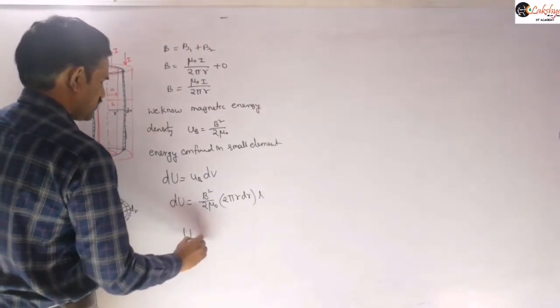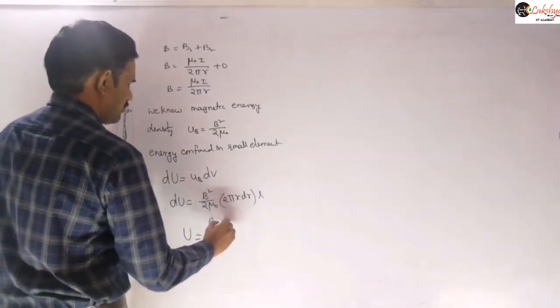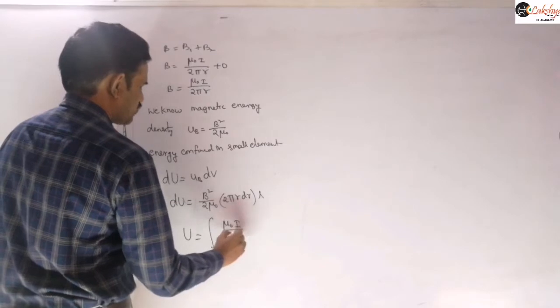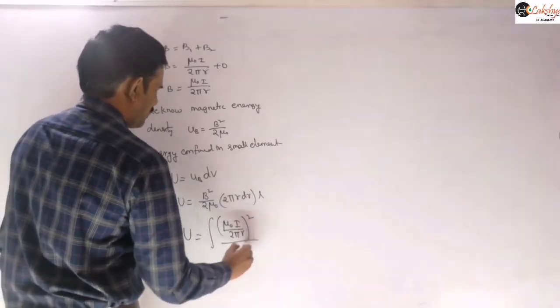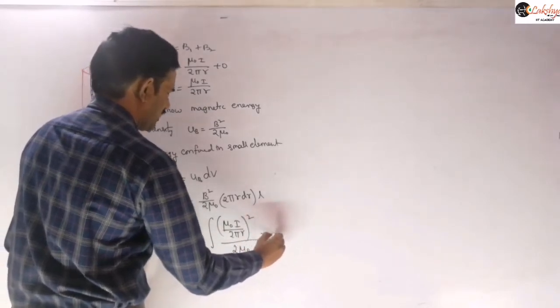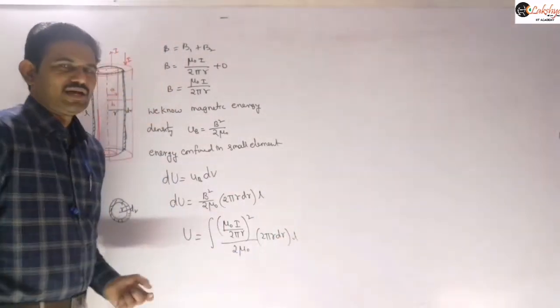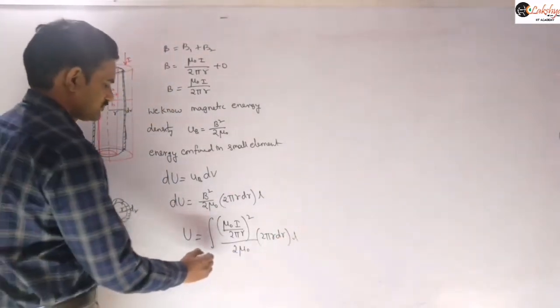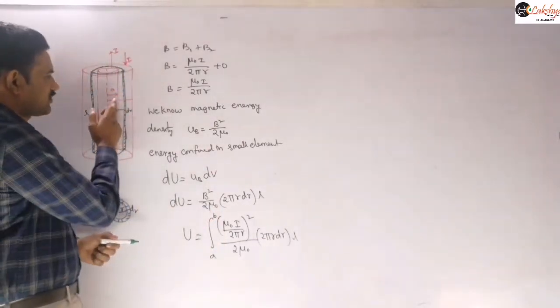So then U is equal to integral of B square, B square is mu naught I by 2 pi r whole square by 2 mu naught into 2 pi r dr into L, right? So this is the thing here, and we need to integrate from a to b, because we need to integrate from here to here.